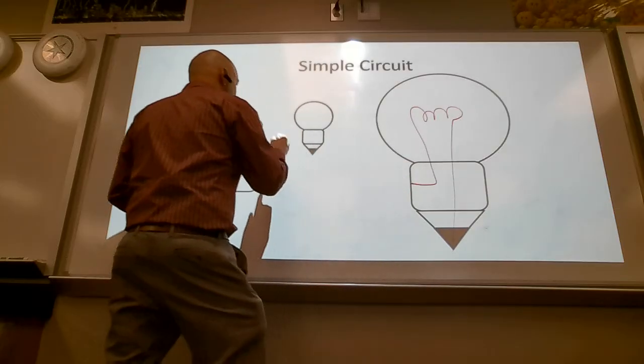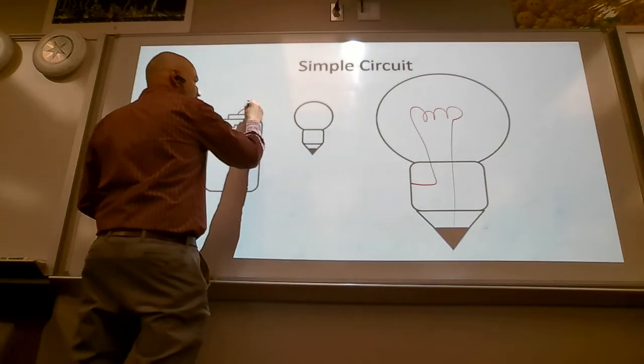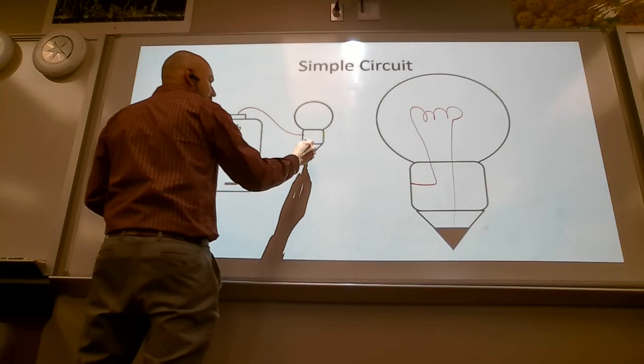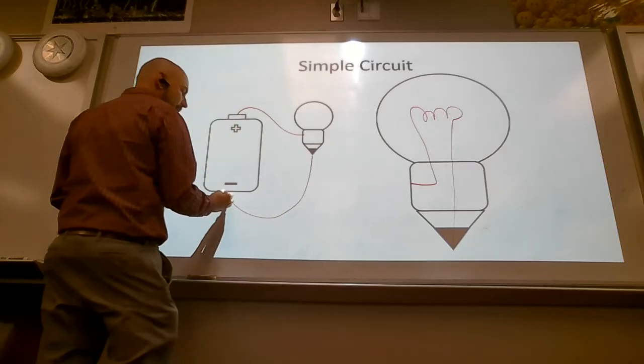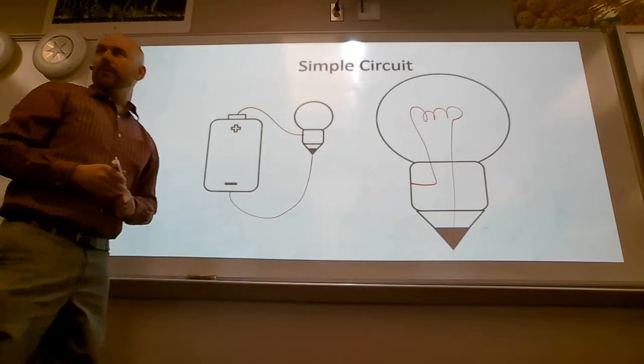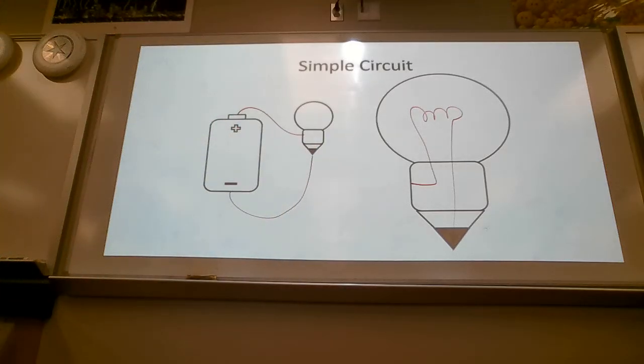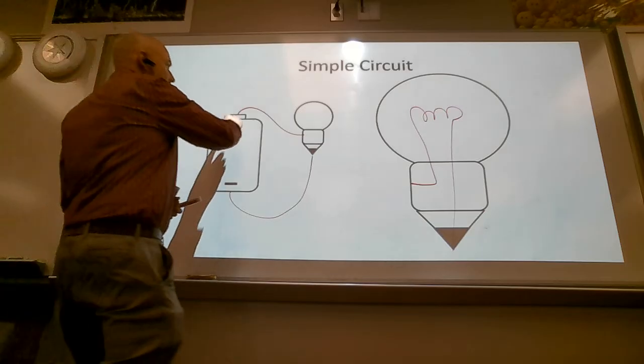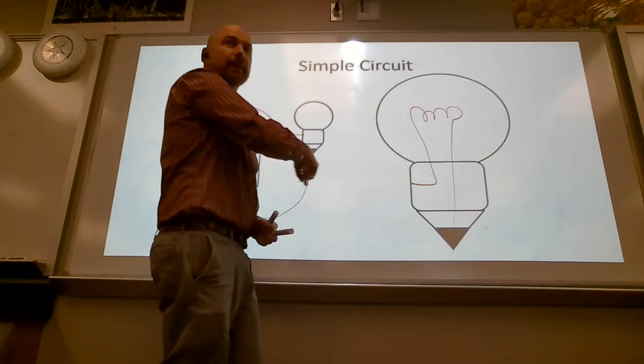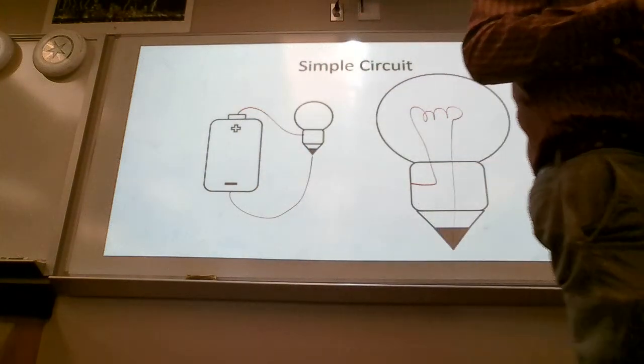So in order for the light bulb to turn on, you would need to connect it like this: one wire going to the tip and the other going to the side. And now you have a complete circuit, a complete loop. Good with that?